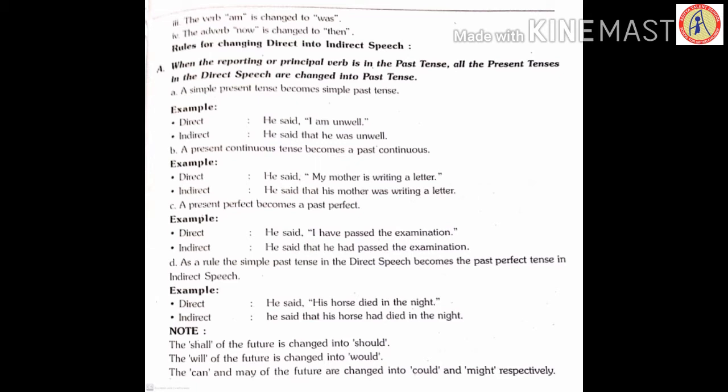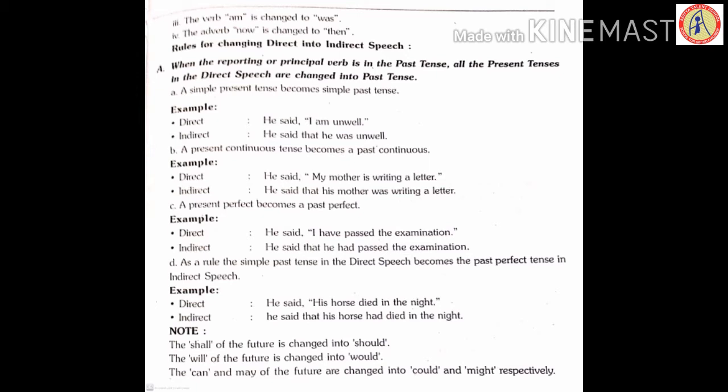He said, "I have passed the examination." He said that he had passed the examination. So the only small thing you keep in your mind is that present tense changes into past: simple present, simple past; present continuous, past continuous; present perfect, past perfect.